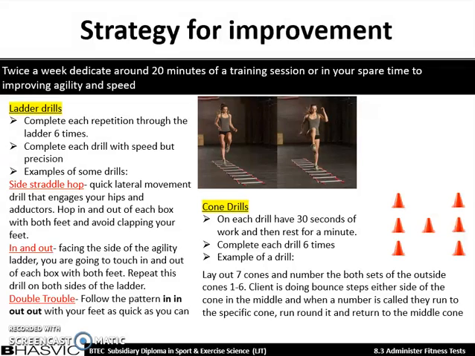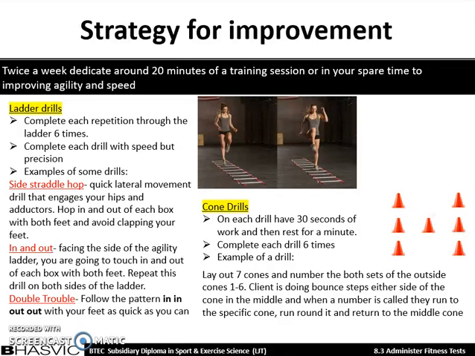Ladder drills are a great way of improving speed of the feet and also arm speed as well. So what I'd like him to do is complete each repetition through the ladder 6 times. Complete each drill with speed but ensuring that it's precision, so make sure each ladder drill is done well and efficiently, otherwise there's not much point in doing it.